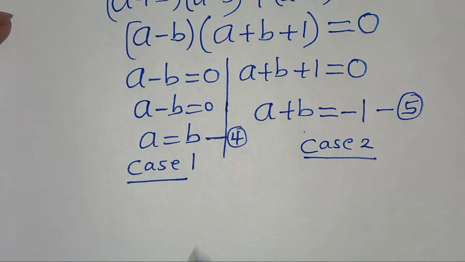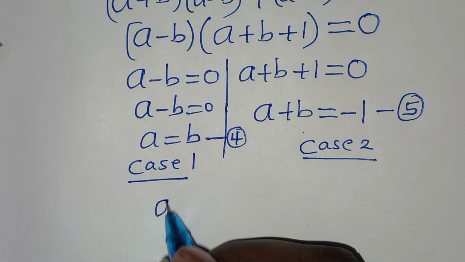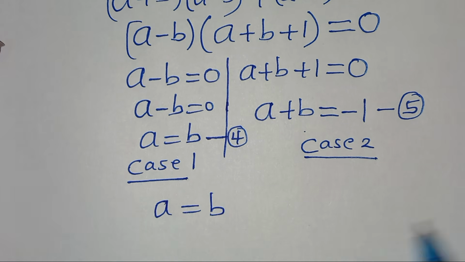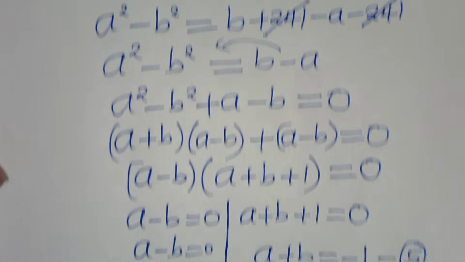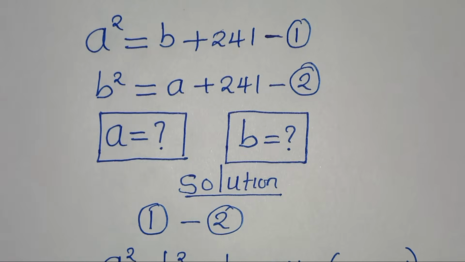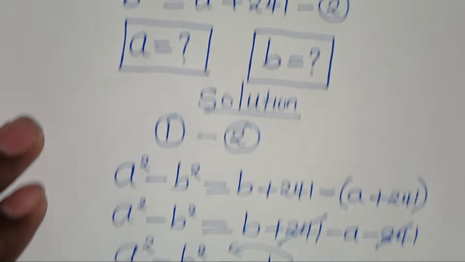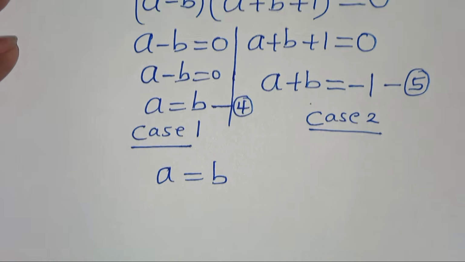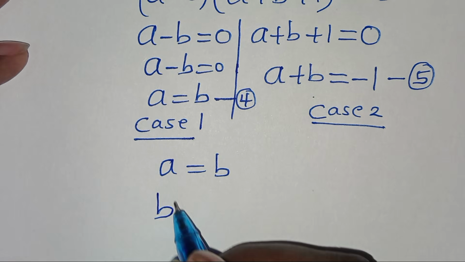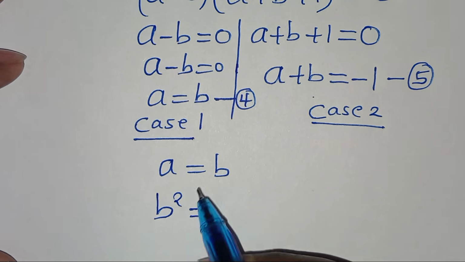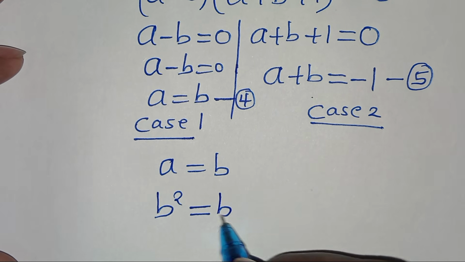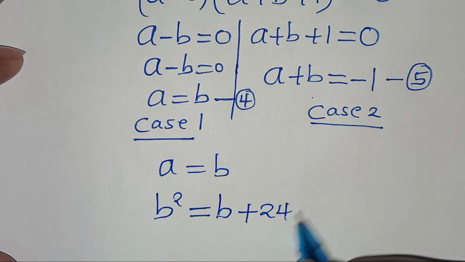Now, from case 1, we have that a is equal to b. Now, from equation 2 here, which is b squared equal to a plus 241, we have b squared equal to a. Remember, a is equal to b, so we have b plus 241.